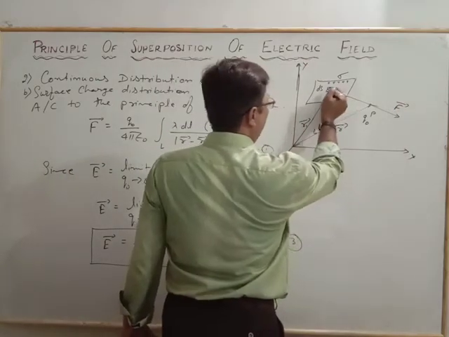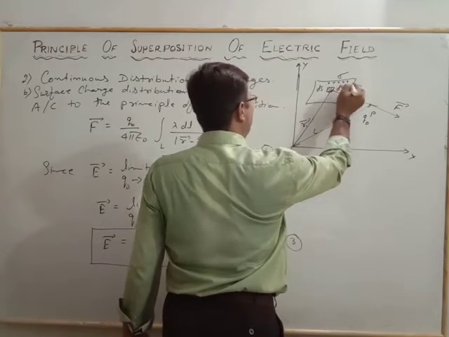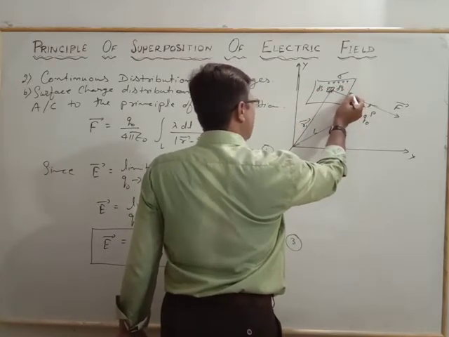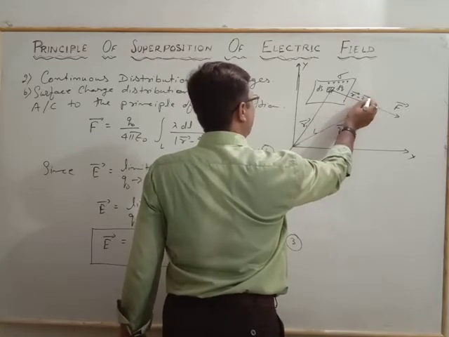Again, the distance from this small ds element containing the dq charge is r vector minus r1 vector.